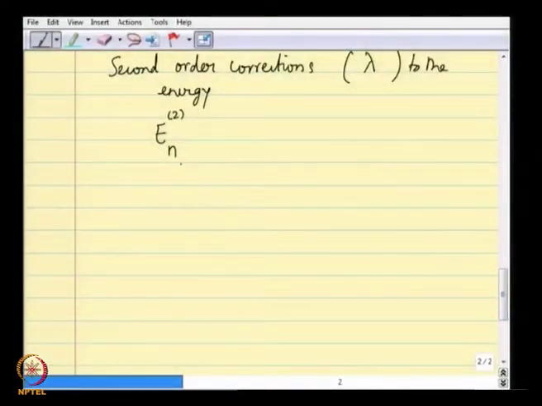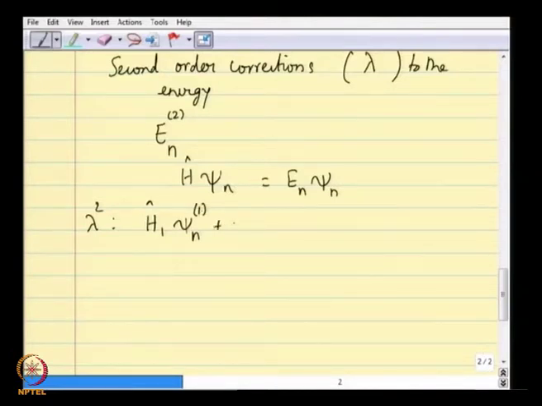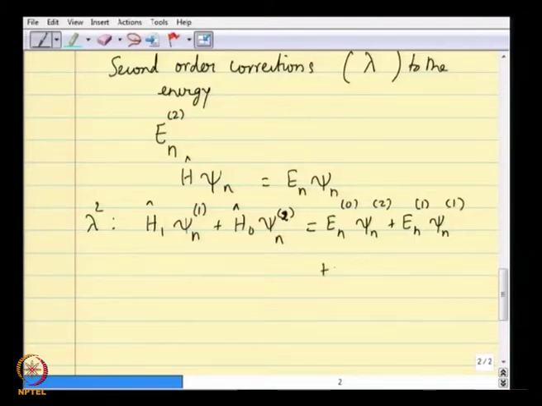So second order correction to the energy, we need to go back to the equation H psi n is equal to En psi n and pull out the terms corresponding to lambda square, and please look back through your lectures a little bit and recall this term, namely H1 psi n1 plus H0 psi n2 is equal to En0 psi n2 plus En1 psi n1 plus En2 psi n0.